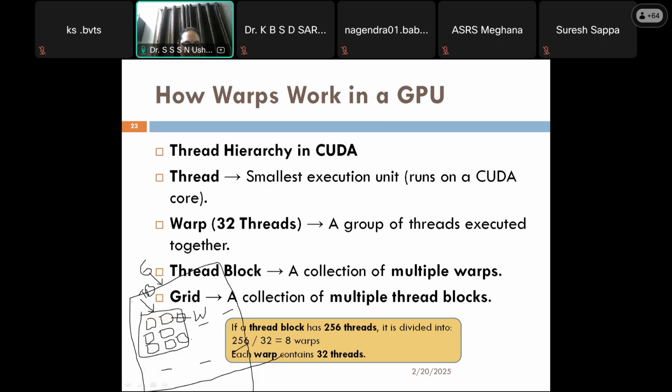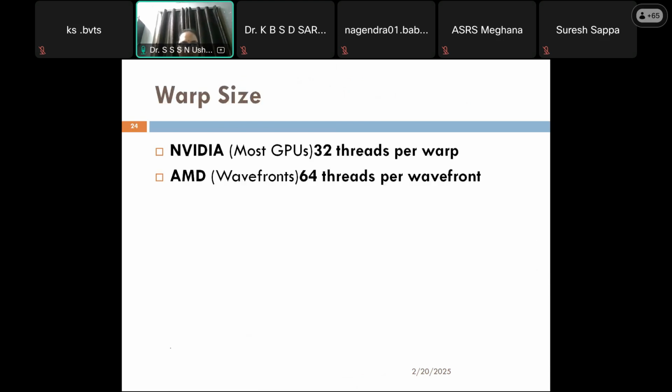Of course, it's not structured, but you can assume that this thread block has 8 warps. That means it deals with 256 threads, 256 parallel tasks. Whenever I say thread, it executes a small part of the process, which can be done in parallel.